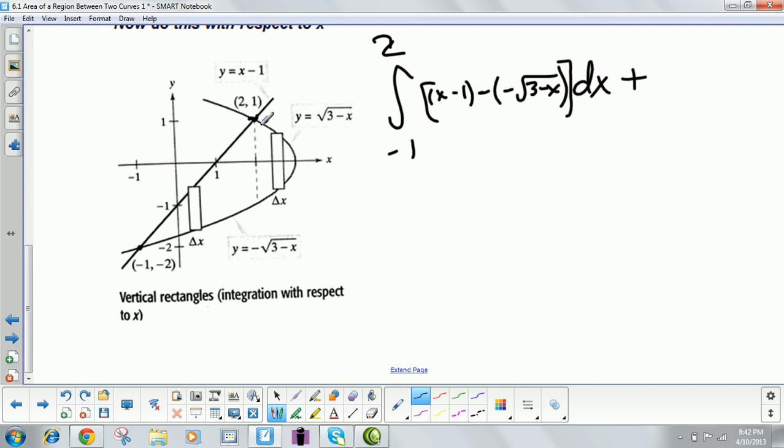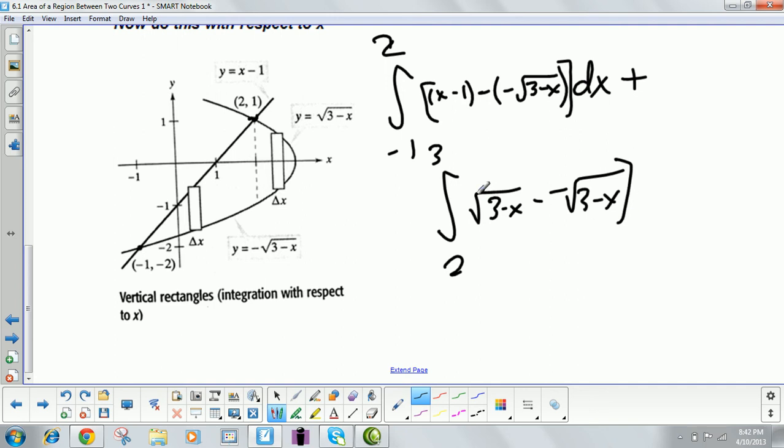So that's where it gets tricky: if you do this one with respect to x, you have to set up two separate integrals. And so your second integral is going to go from 2 to 3. It's going to be your upper function, which is the square root of 3 minus x, minus your lower function, which is the negative square root of 3 minus x, and all that times dx.